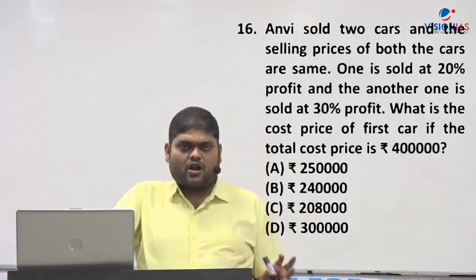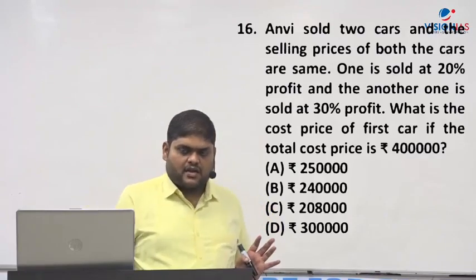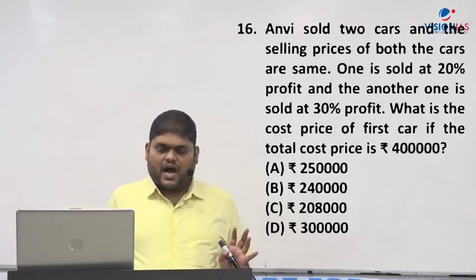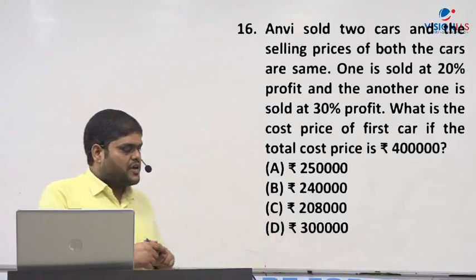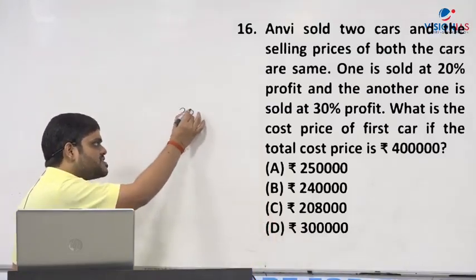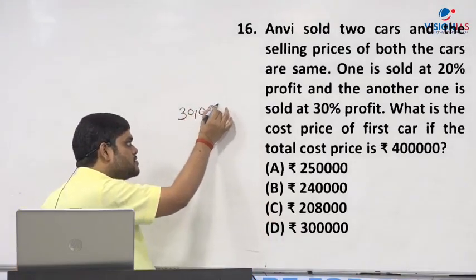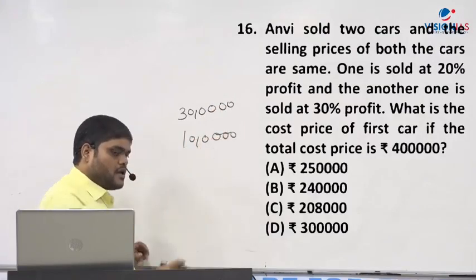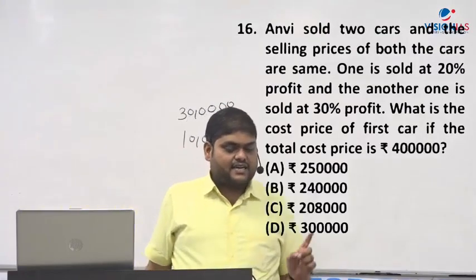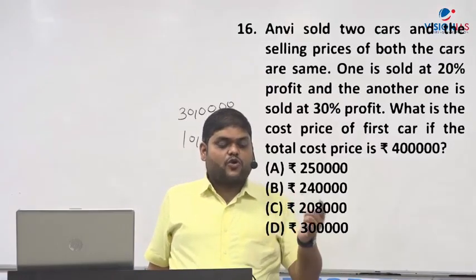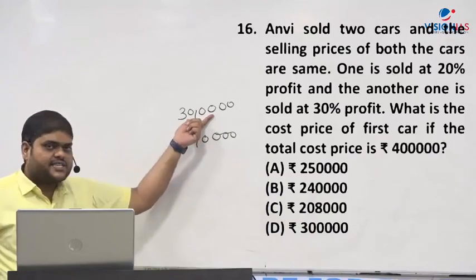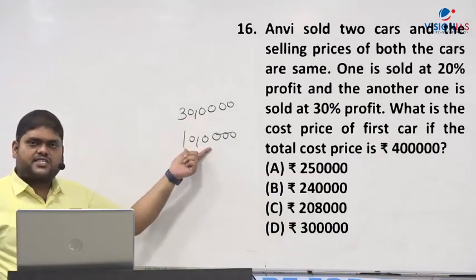If I am solving this problem in the examination, yes, I will check D first. So if the first car price is 3 lakh and the second car price is 1 lakh, and it is given that 20% of one is equal to 30% of the other, can I say 20% of this car is equal to 30% of this?